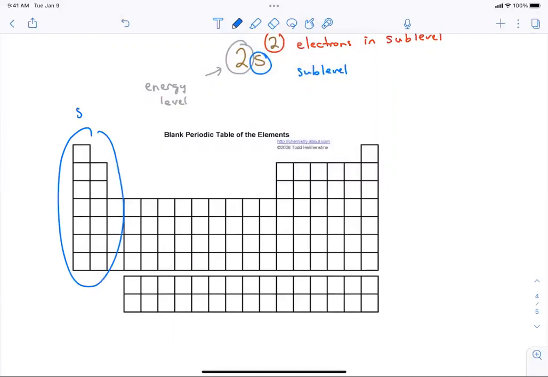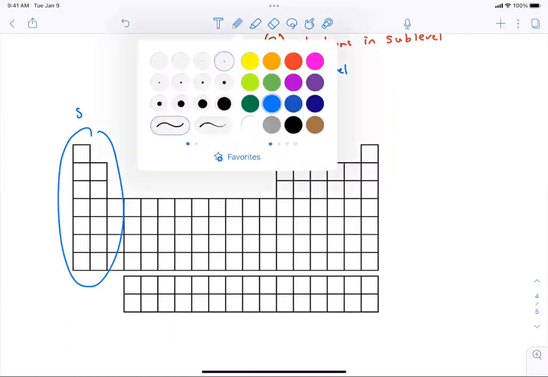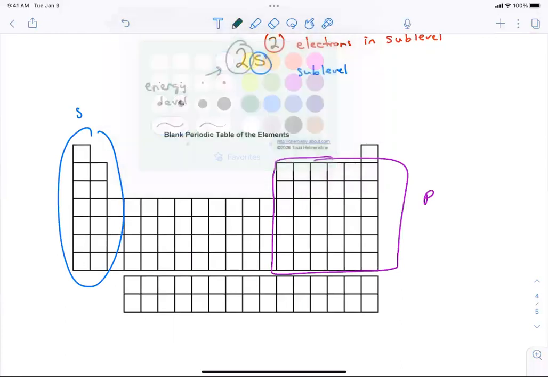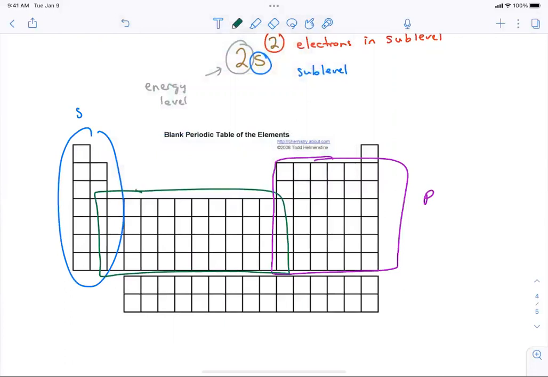P can hold how many electrons? 6. Is there a section that's 6 wide? The one on the right. This is your P sublevel. D can hold 10. Guess what? The middle is 10. So if worse comes to worse and you forget how many electrons can be held in each sublevel, if you know where they're located on the periodic table, you can just go, okay, how many blocks wide is it?